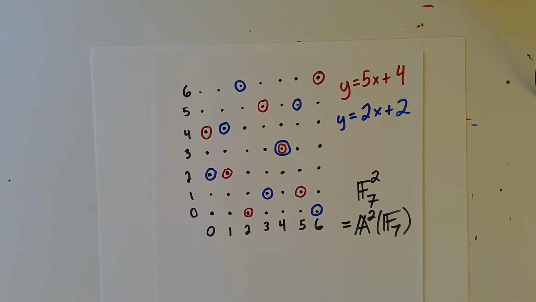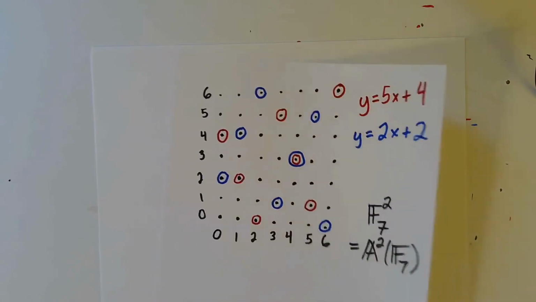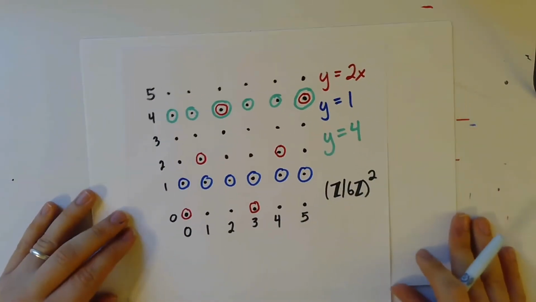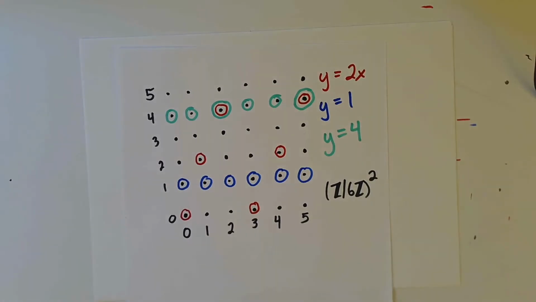Before I actually prove this theorem, though, I want to throw some mud in the water a bit. And I want to show you something where, instead of working mod 7, I worked mod 6. Okay, and so remember, you only get a field if you work mod a prime.